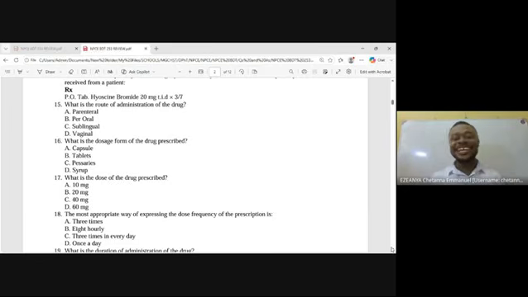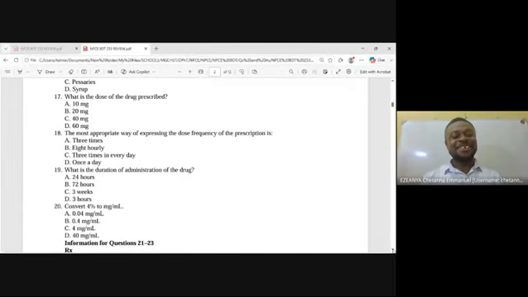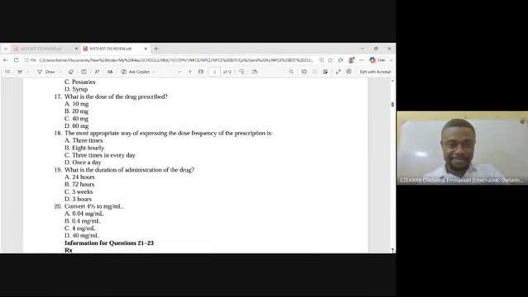I like this question. Let's look at this question. The two confusing options here are option B and C, right? 8 hourly and 3 times in every day.